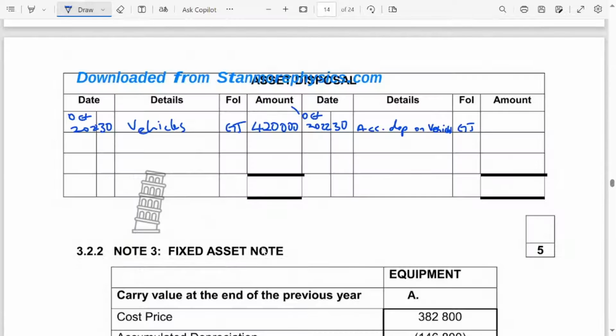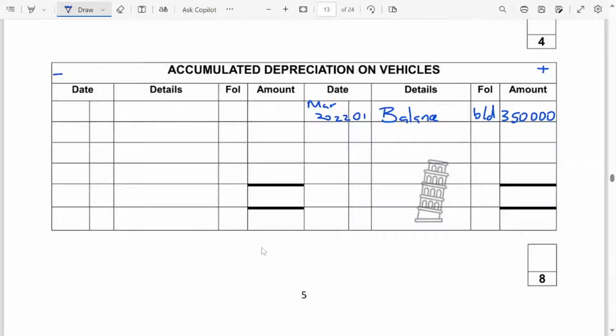That is why we record the accumulated depreciation of the asset being disposed of on the credit side, so that it can go to the debit side of the accumulated depreciation to show that it is decreasing with the asset disposal. So this is happening on 30 October 2022. Then we write down accumulated depreciation of the asset being sold.